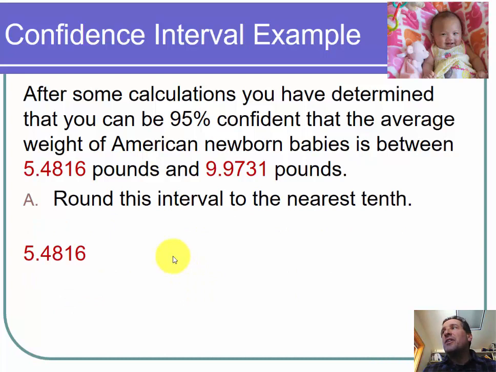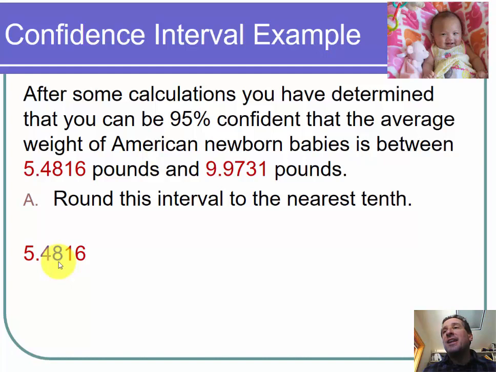To round the interval to the nearest tenth, let's first round the number 5.4816. We want to round to the nearest tenth. So notice that the tenths digit is this number 4, and the 8 is going to be a key digit that comes after what we're rounding, to decide whether or not we're going to round up.